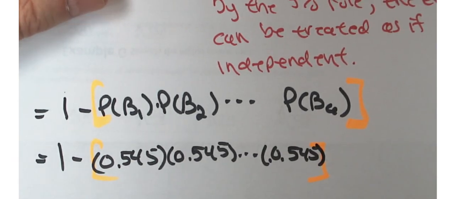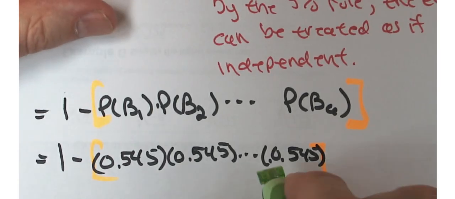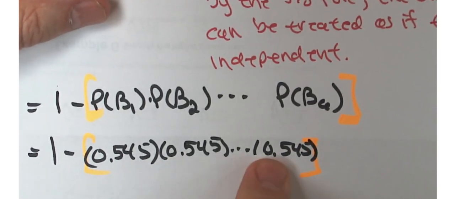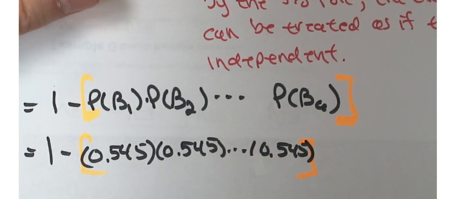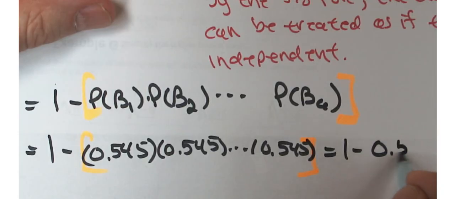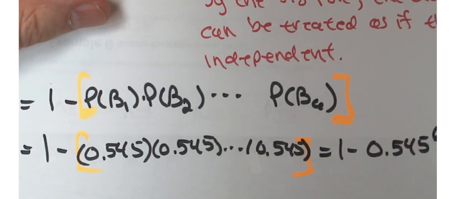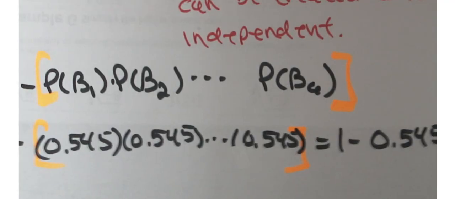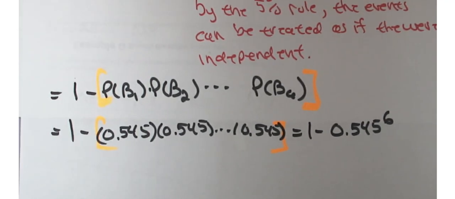I don't think I want to calculate this 6 times. The faster way to do this is 1 minus 0.545 raised to the 6th power. Oops, sorry about that. There we go. Not so bad.